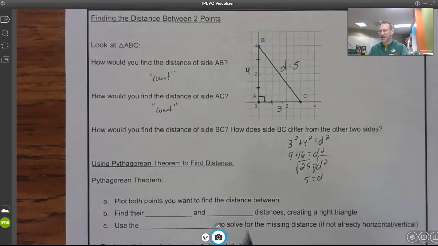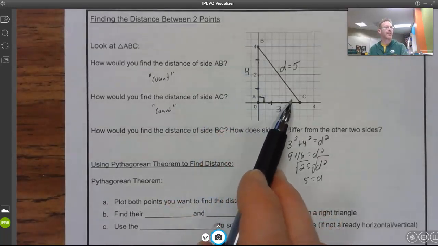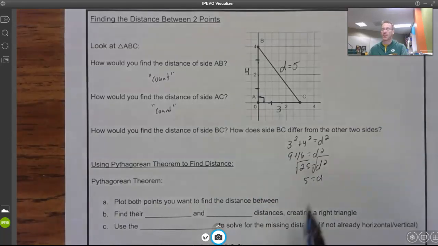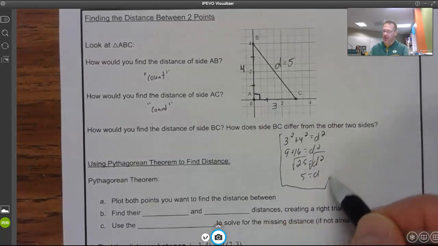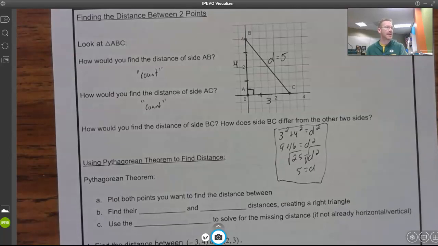And notice, it doesn't look like I'm counting 5 boxes here, and it's kind of hard to tell. So that's why we need something that's exact like this. And not every distance is going to come out to be a whole number either. That would make it really difficult if I have 6.78 boxes. You're not going to be able to really tell that from the graph anyhow.